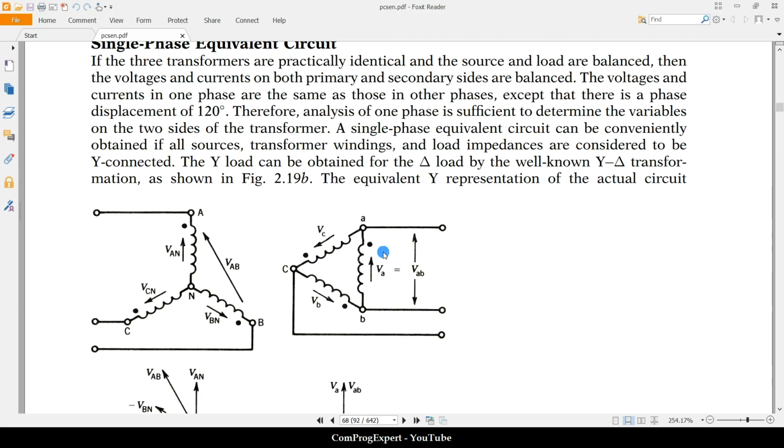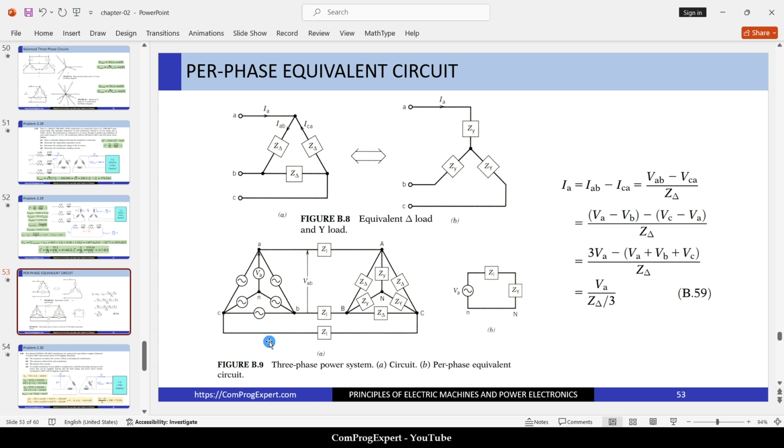What is the Y-delta transformation? You remember that from the electric circuit course. If we have this delta load, with impedance Z delta for each branch, the line current IA is IAB minus ICA, which is equal to this fraction.